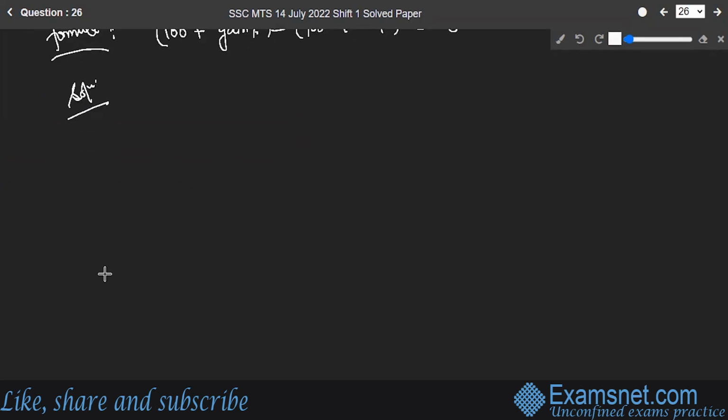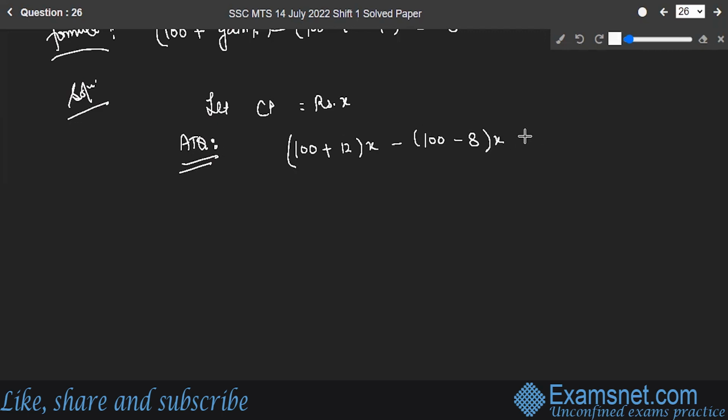First thing, we are not given the basic thing, so we'll assume the cost price to be rupees X. Now, according to the question, (100 plus 12)/100 of X minus (100 minus 8)/100 of X, that is the loss percent, is equal to 36.